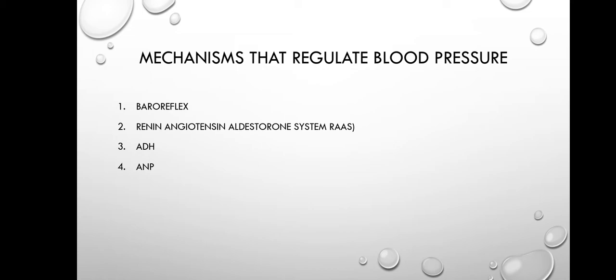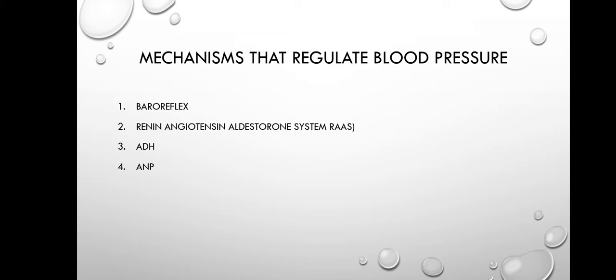When heart rate decreases, the stroke volume decreases, thereby decreasing cardiac output. Then there will be inhibition of vasoconstrictor impulses, thereby promoting vasodilatation. So there will be decreased heart rate, decreased contractility, and vasodilatation, thereby dropping blood pressure.